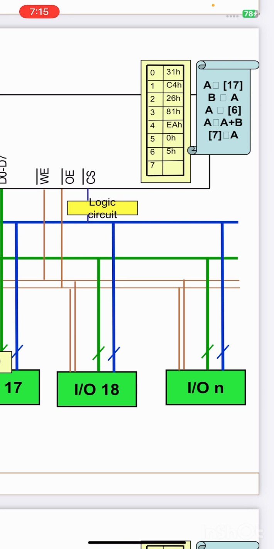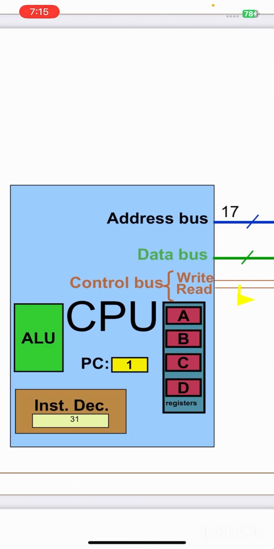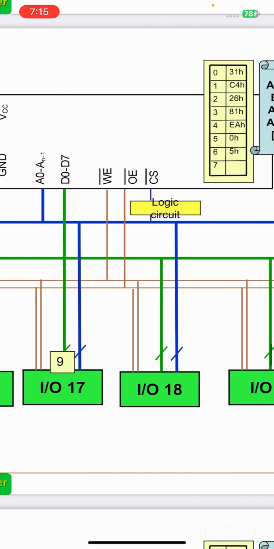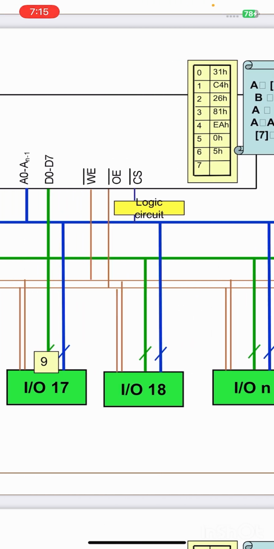All the data from 0 1 2 3 4 5 6 7 is going to be transferred into the instant deck. So if we choose 17, the index starts from 0.